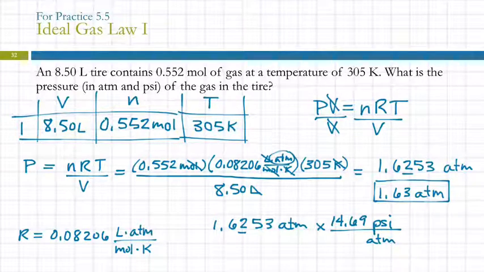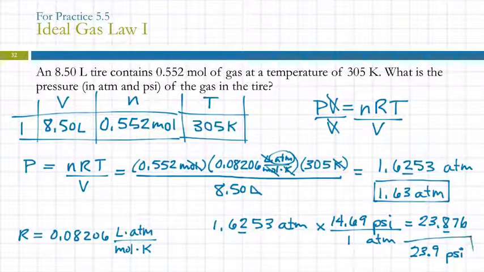It's 14.69, not 14.7, PSI per atmosphere. This will also have 3 sig figs then, 23.876. So we'll round that to 23.9 pounds per square inch, PSI.